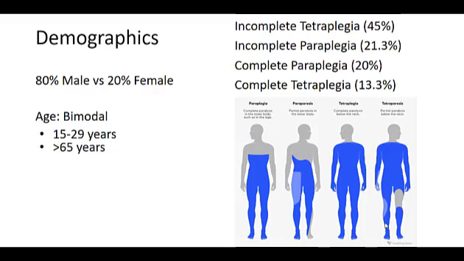So we'll learn a little bit more about that as we learn how to classify injuries, but for now, just be aware that you can have complete or incomplete lesions, as well as we're thinking about individuals from a tetraplegic versus a paraplegic level.